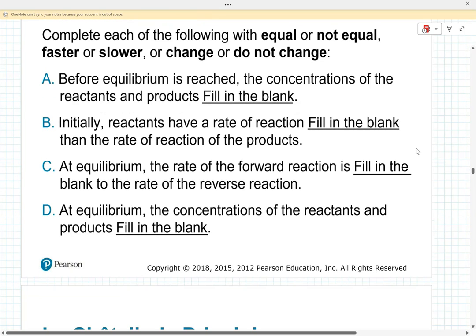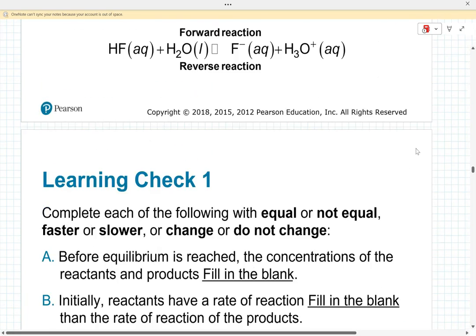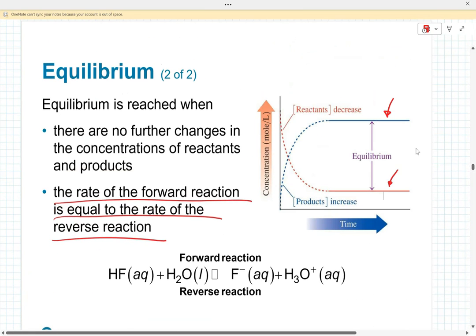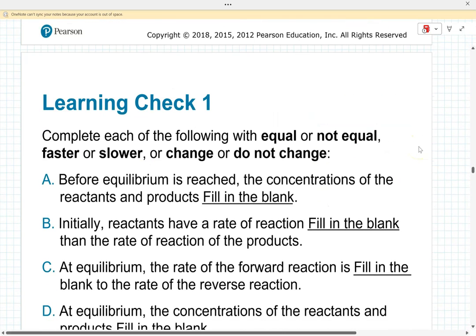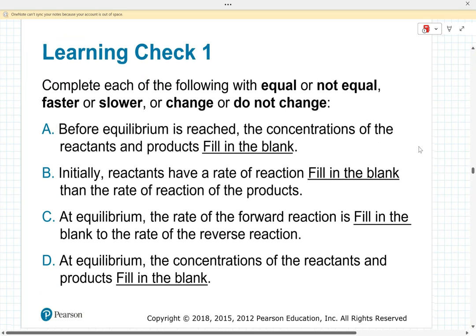So, before equilibrium is reached, are the concentrations of the reactants and products equal or not? Before, not. They're not equal. Concentrations are still not equal.